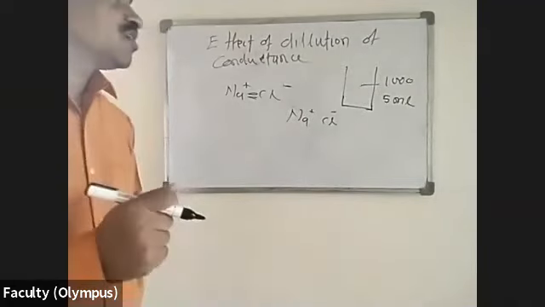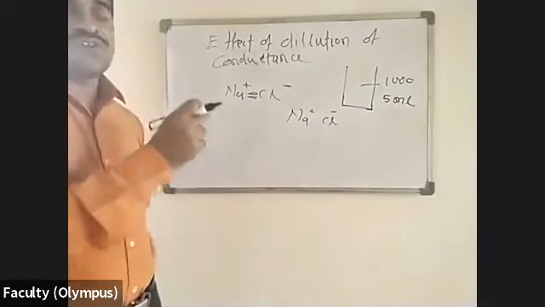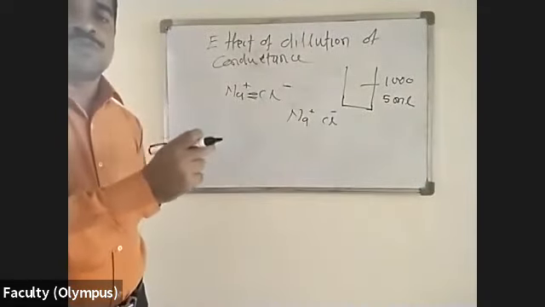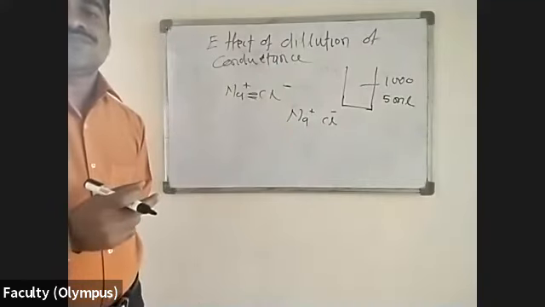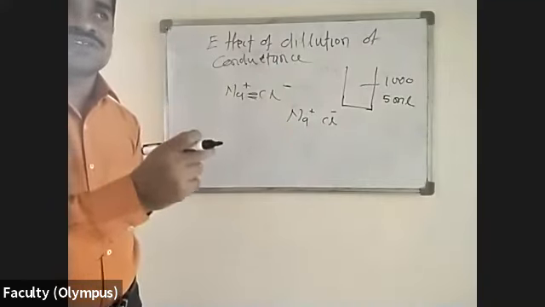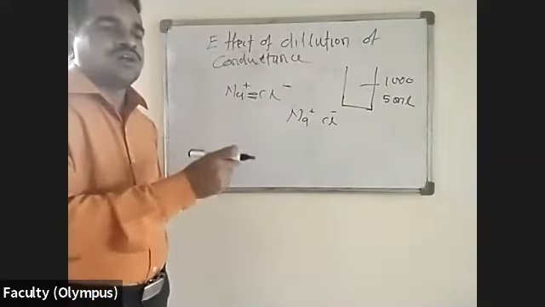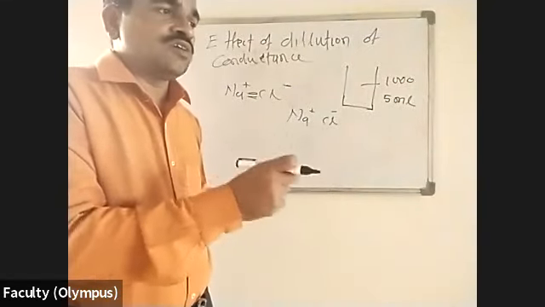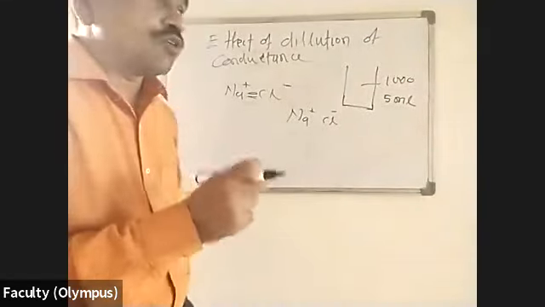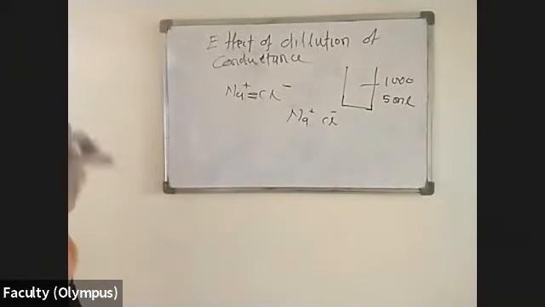And as the conductance of solution depends upon the number of active ions, at higher dilution, the number of active, free ions increases, and because of this, the observed conductance of solution increases with dilution.